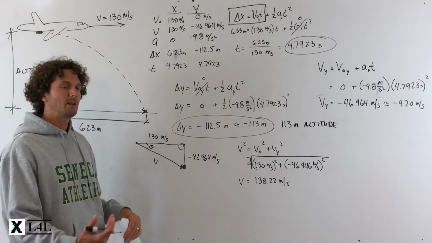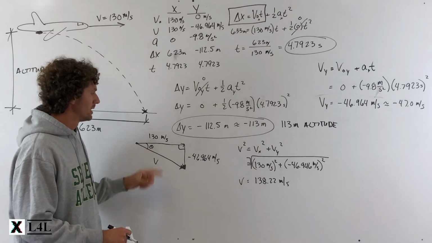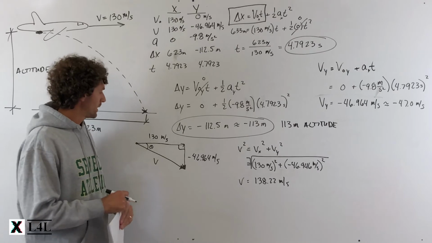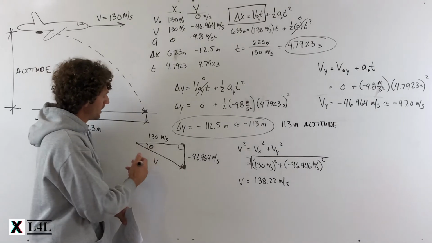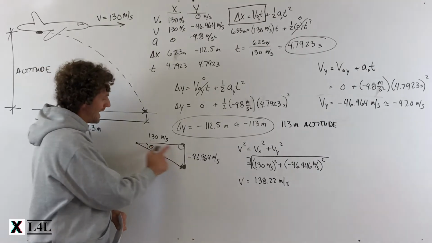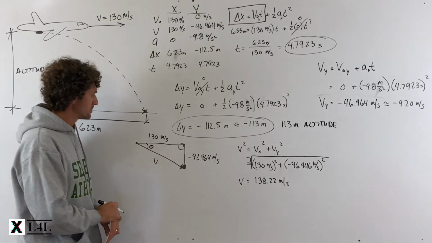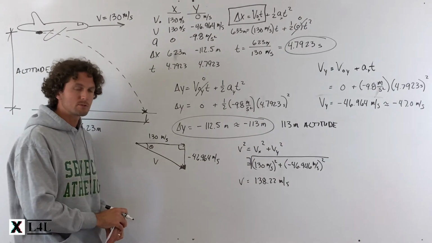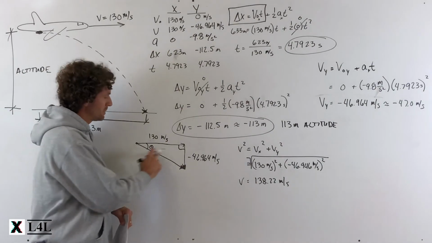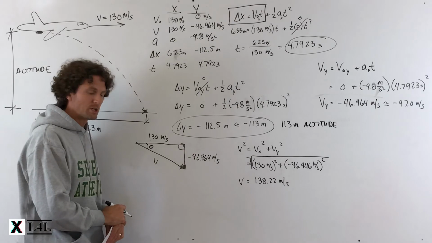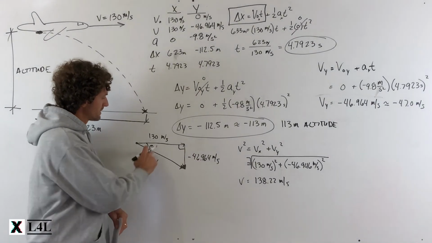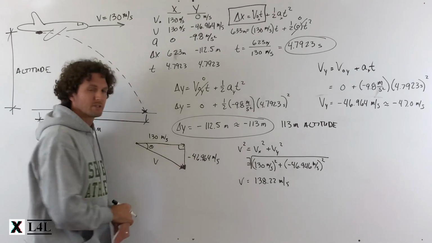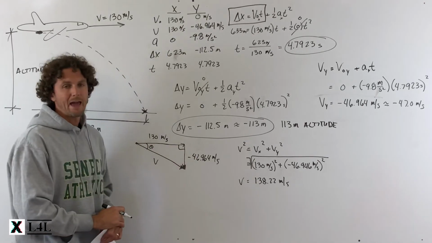But to define my velocity, I also need to find this angle, in which case we can use our trigonometry equations. We could use the sine, which would be the opposite over the hypotenuse. We could use cosine, which would be the adjacent over the hypotenuse. Or we can use tangent, which would be opposite over the adjacent. Since both of these components are solved for, I'm just going to use the tangent function to find this angle.